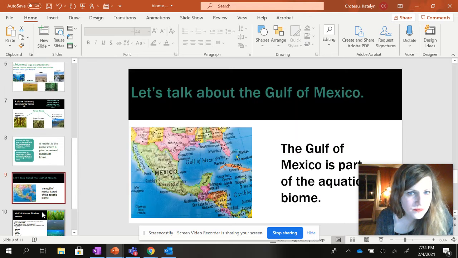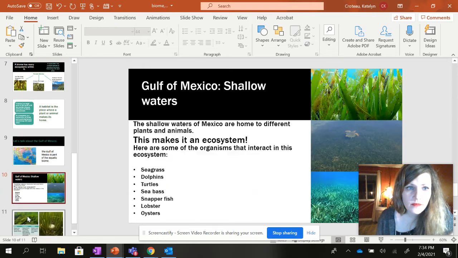Okay, so let's talk about the Gulf of Mexico. The Gulf of Mexico is considered part of an aquatic biome. It is one example of an aquatic biome. So when we think about this, we think the Gulf of Mexico has shallow waters.